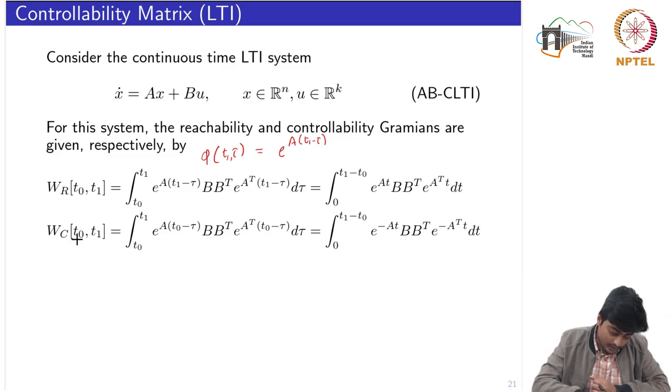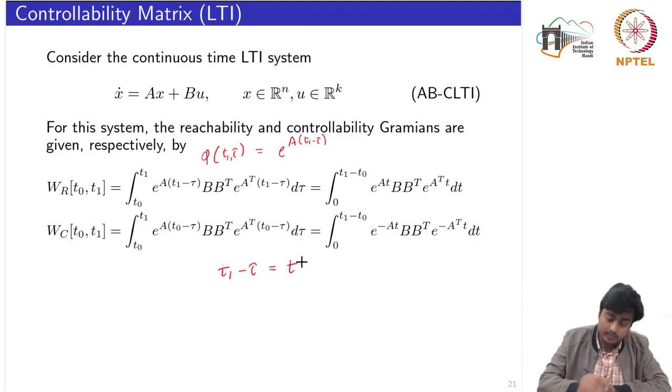Similarly, it would be the transpose. And similarly for the controllability gradient, we could replace with the exponential matrix with a slight change from t1 to t0. Now see here, let's say we replace t1 minus tau by another variable t. Changing this, d tau would yield minus d tau equals dt.